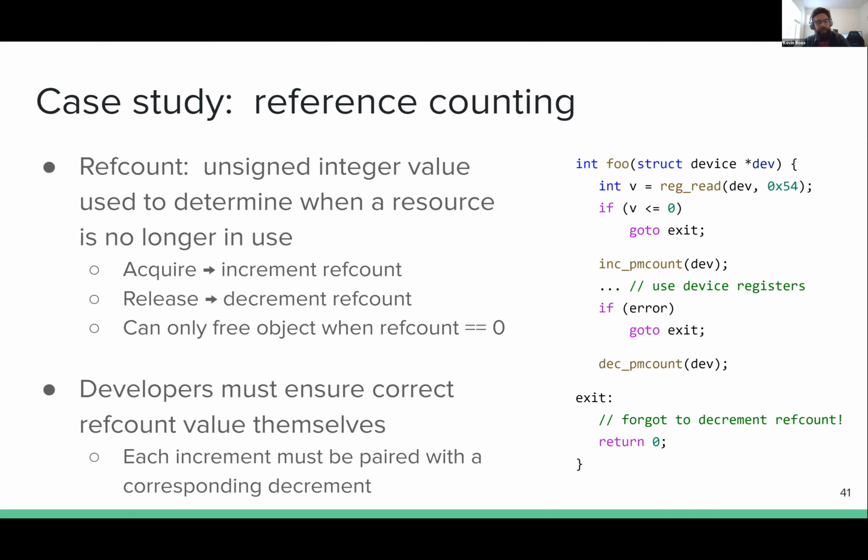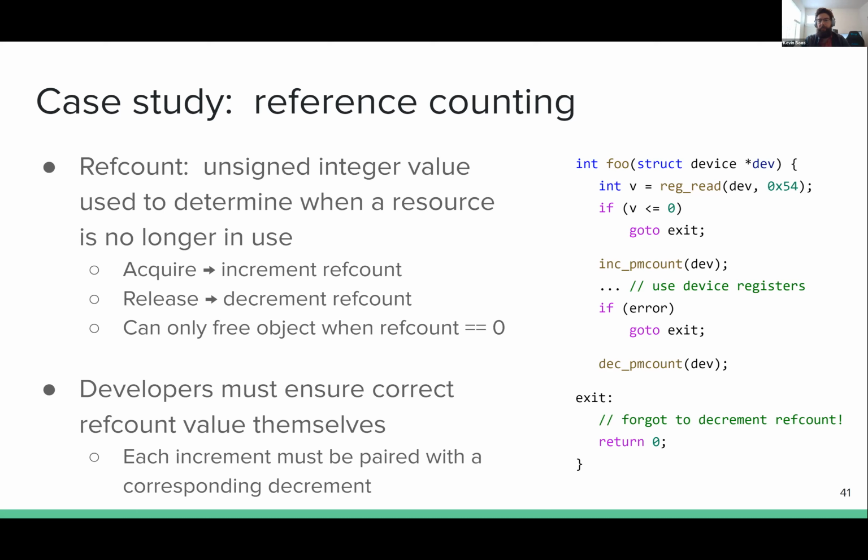The idea is that developers are responsible for ensuring that the reference count is correct, right? What that means is every time you increment the reference count, when you're done with it, you must also remember to decrement that reference count. Otherwise, you'll end up with a leak, or dangling references, right?